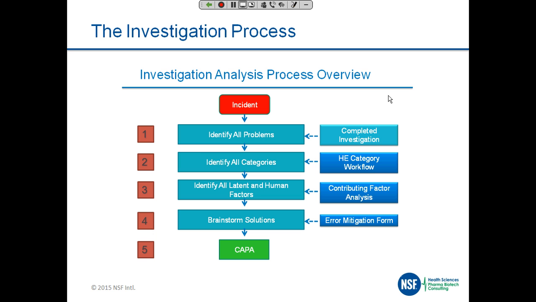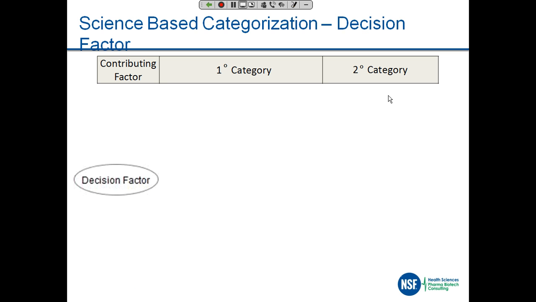Basically, it's a simple flow, but categorization is pretty integral. So what I'd like to do now is put up some categories. And the categories are rooted in the 5 contributing factors related to the human factors that were described earlier.